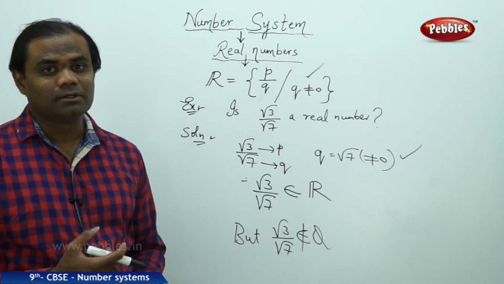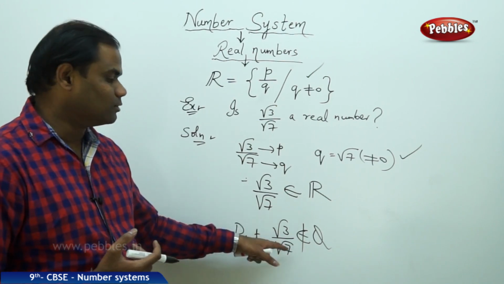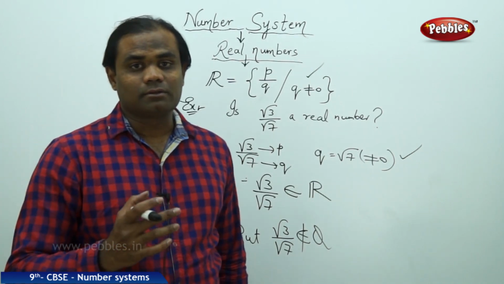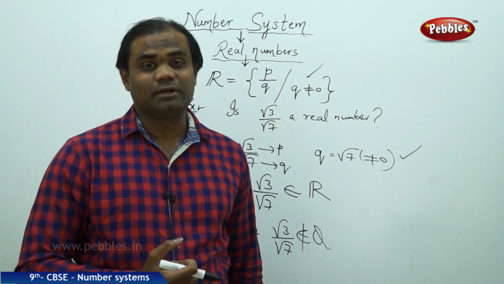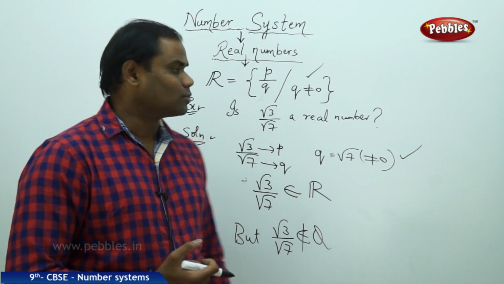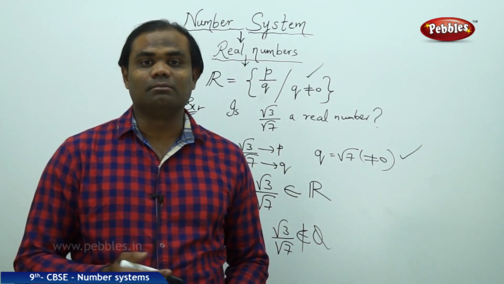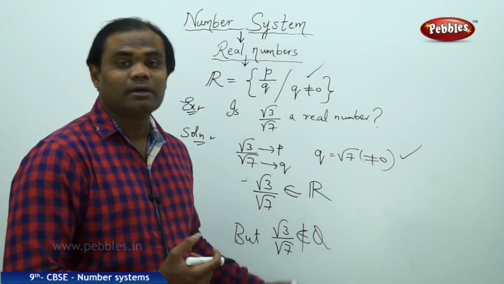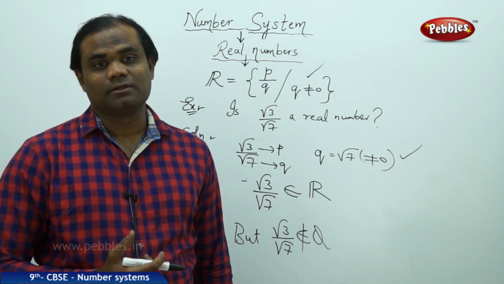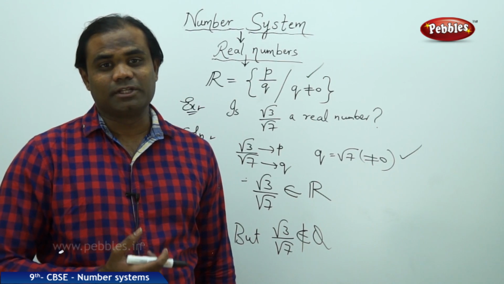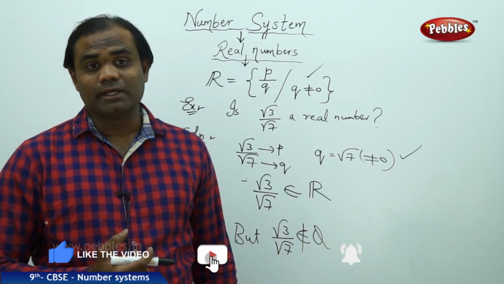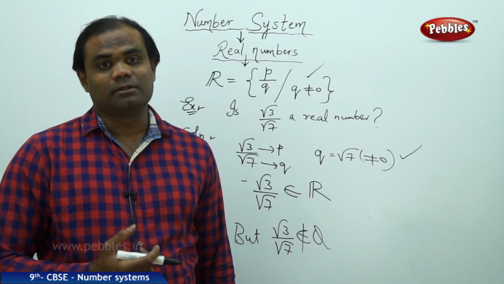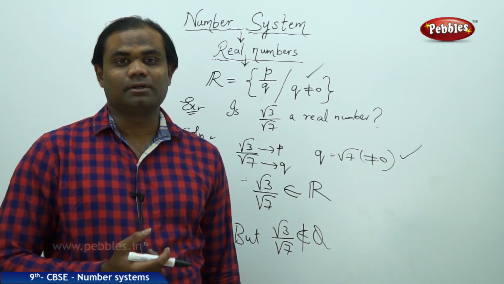A rational number, we have the numerator and denominator to be integers, but in real number, the only condition being denominator should never be equal to 0. So root 3 over root 7 is a real number, but root 3 over root 7 is not a rational number, is how we understand the concept. Instead, root 3 over root 7 is an irrational number and a real number, but not a rational number.